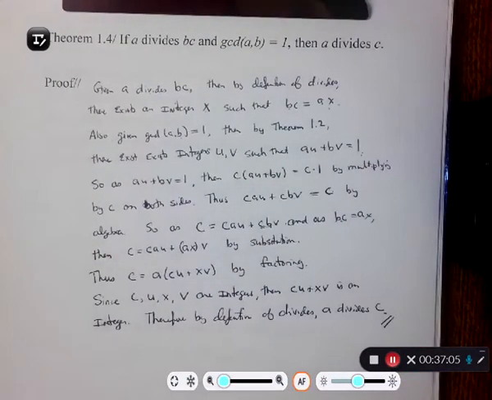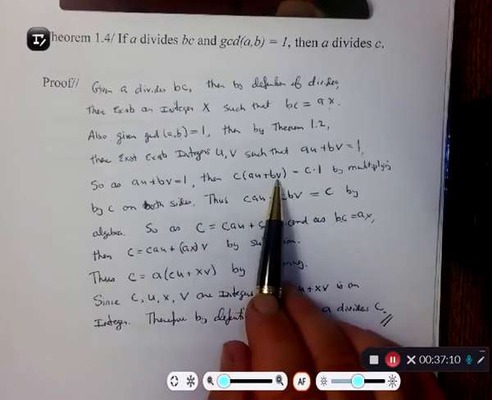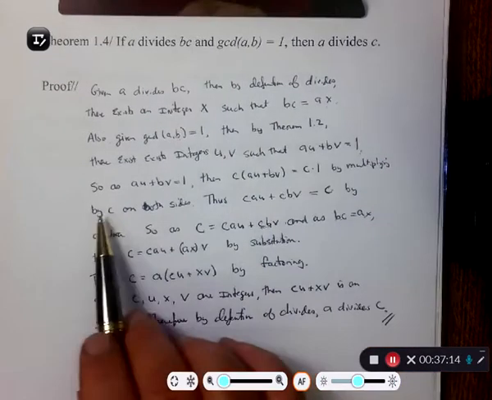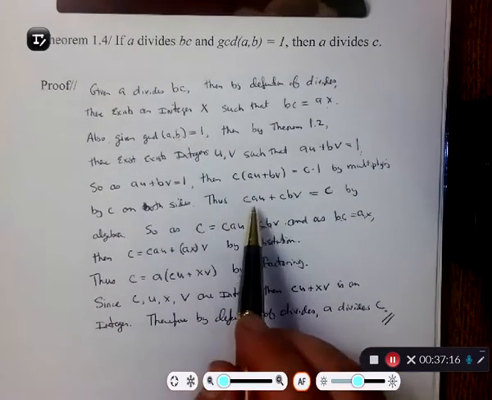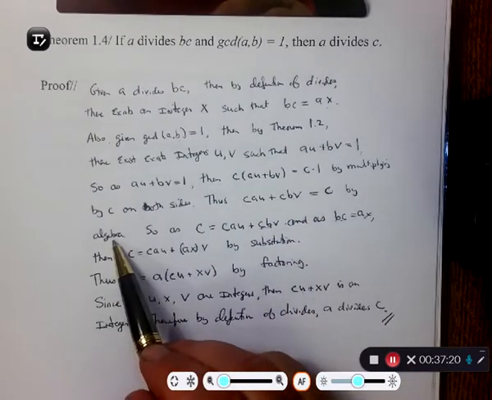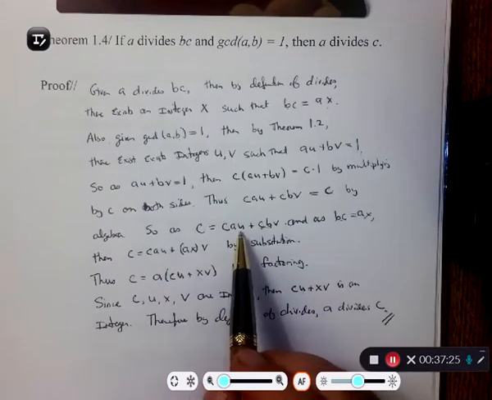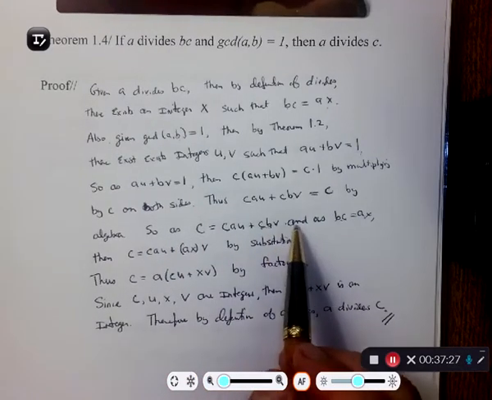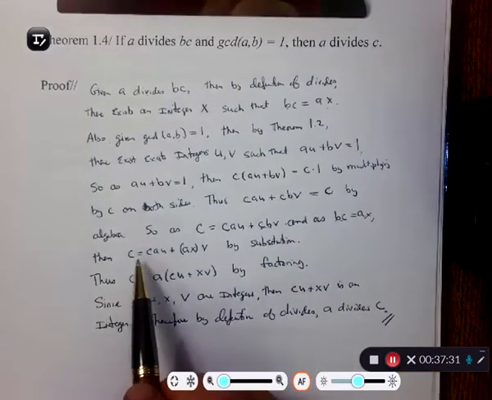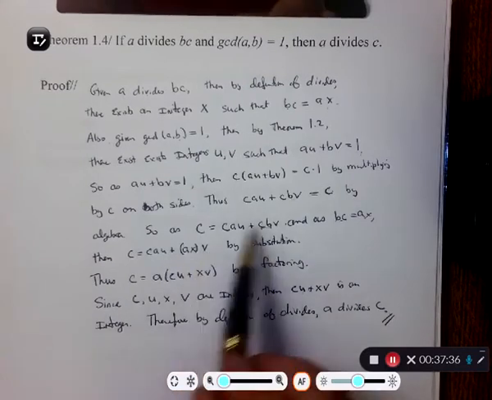So as AU plus BV equals 1, then C times AU plus BV equals C times 1 by multiplying by C on both sides. Thus CAU plus CBV equals C by algebra. And it's really distribution, and you can use fancy words if you want to. So as C equals CAU plus CBV, and as BC is equal to AX, then C equals CAU plus AXV by substitution.